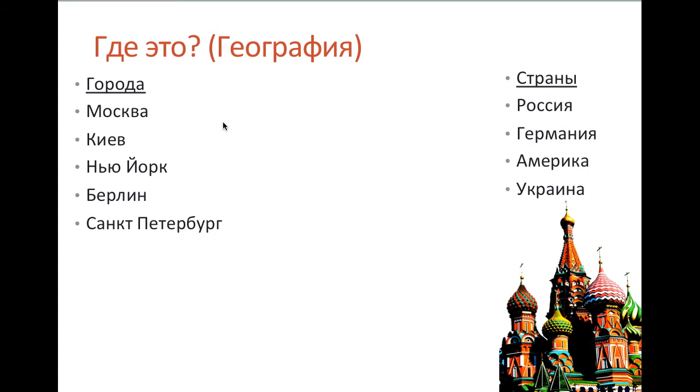Okay, so let's practice. I want you to come up with sentences saying where this city is located. So example. Москва в России. Okay, how about this city? Where is it located? Киев в Украине. Okay, how about this one? Нью-Йорк. Where's New York? Где Нью-Йорк?